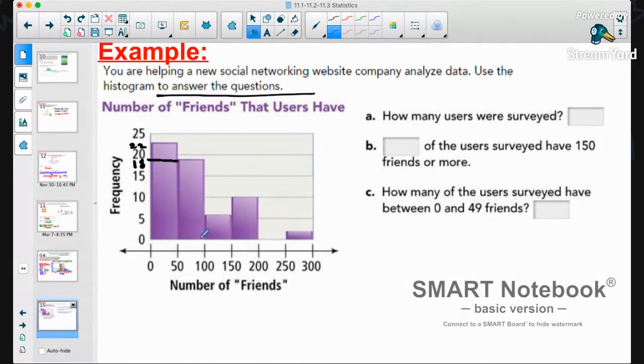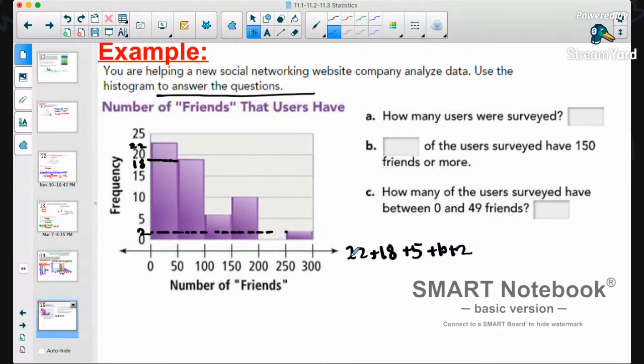And when you look at the third bar, which is 5, and the next bar, which is 10. And when you look at the last bar, let's say that this is 2. When you add all of them, you are going to get 22 plus 18 plus 5 plus 10 plus 2.